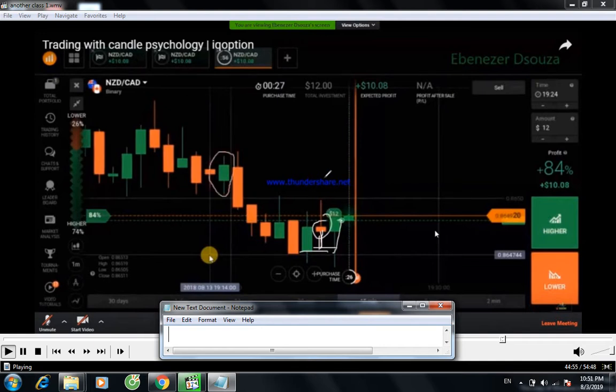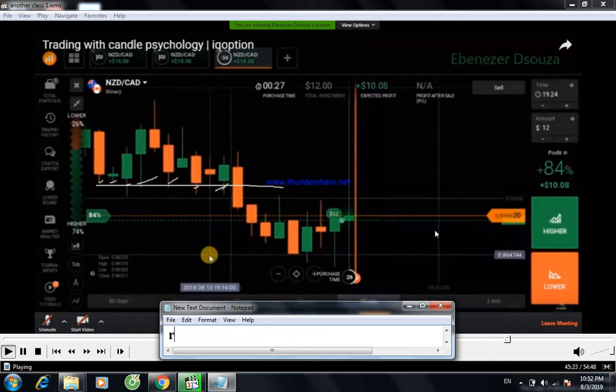Yes, you can see here this market is trying to break this level so many times.